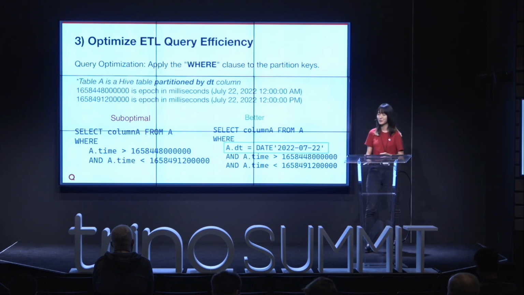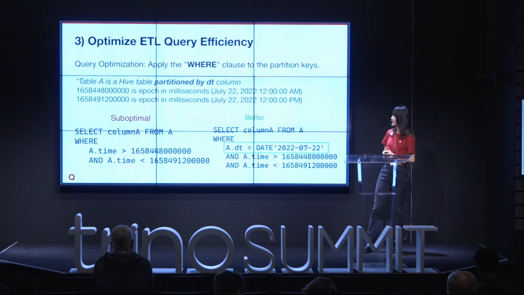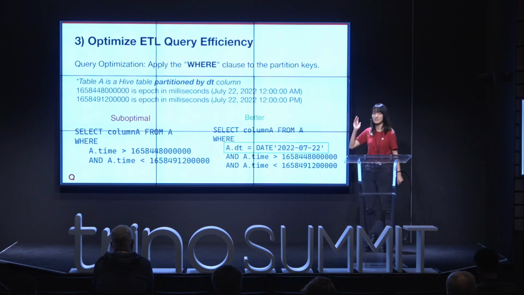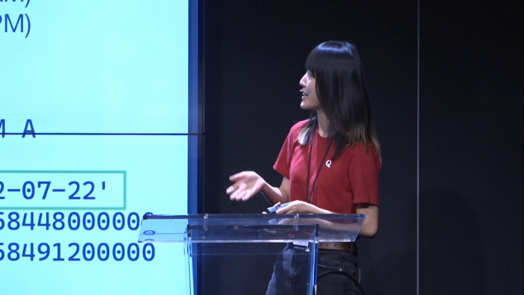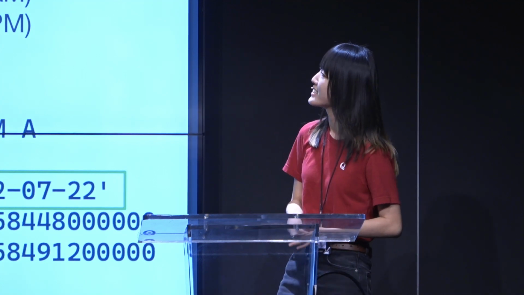Okay, in addition to saving costs from an infrastructure perspective, we also try to optimize ETL query efficiency to save cost from each single query. This is one of the simplest optimizations, and we recommend it to all our users: apply the where clause to the partition keys.